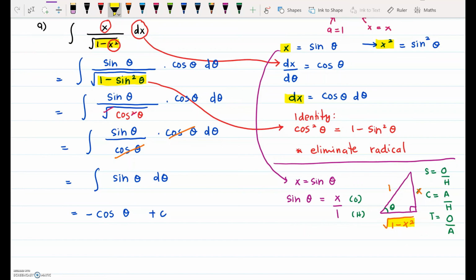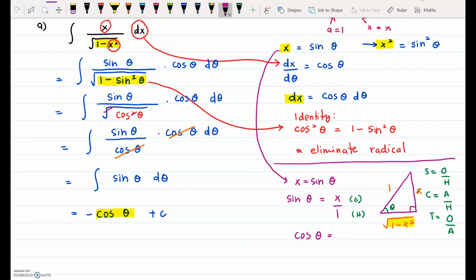Alright, let's continue. Now we want to find cos theta. From this triangle, we can find cos theta, which equals adjacent over hypotenuse.